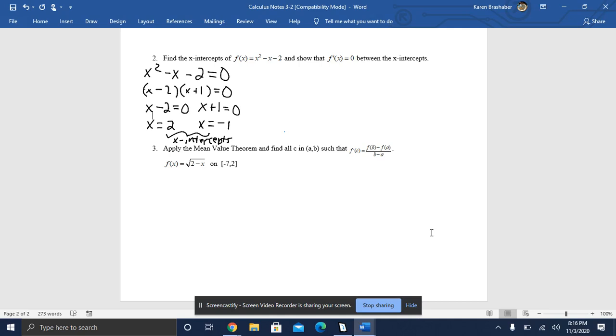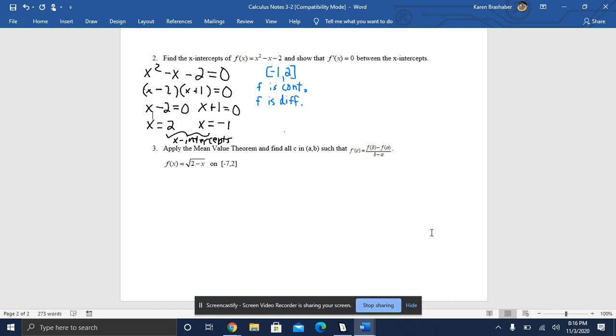So we're actually showing that between -1 and 2, between our two x-intercepts, we have a continuous function. So f is continuous. I'm just going to abbreviate there. And it's a parabola, so f is differentiable.